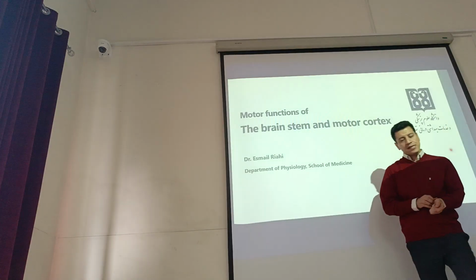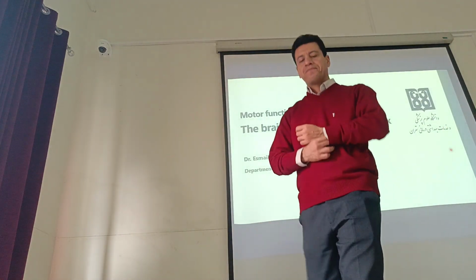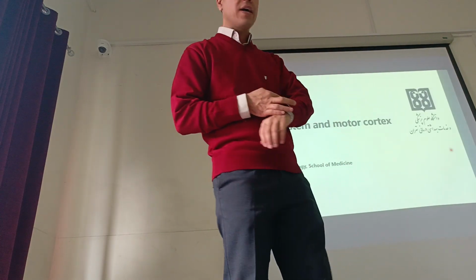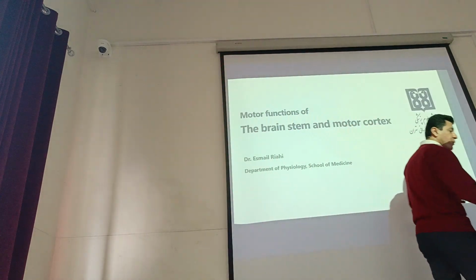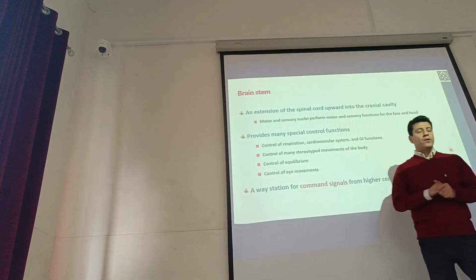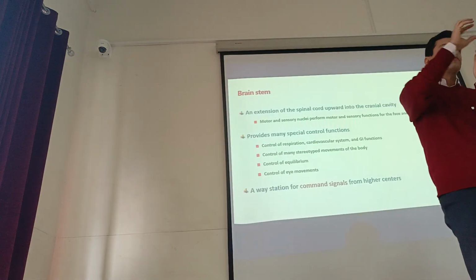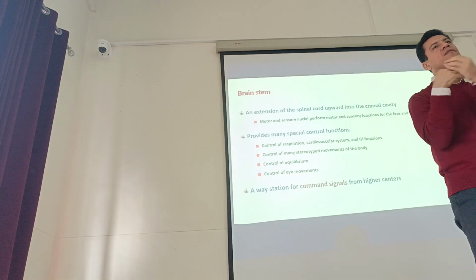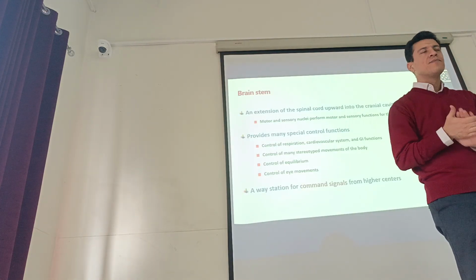Okay. So the second part is about the brainstem and motor cortex. You know that the brainstem is composed of medulla, pons, and midbrain. To the back of these, we have the cerebellum.